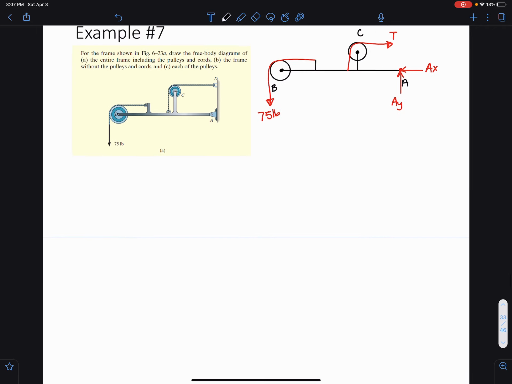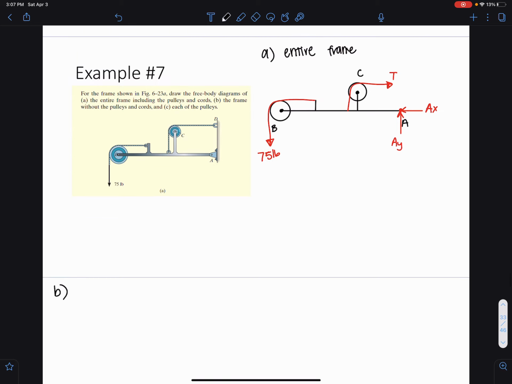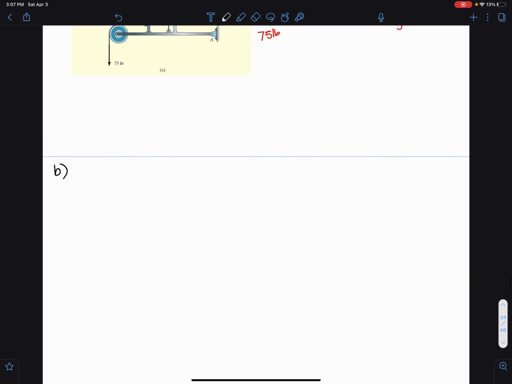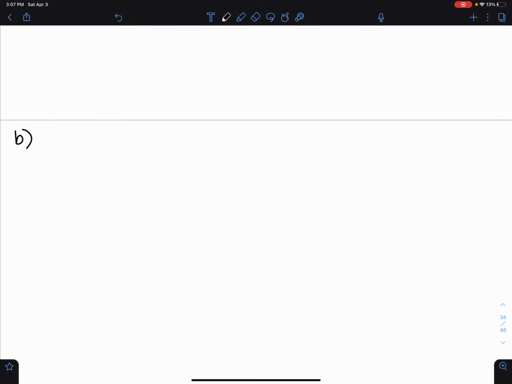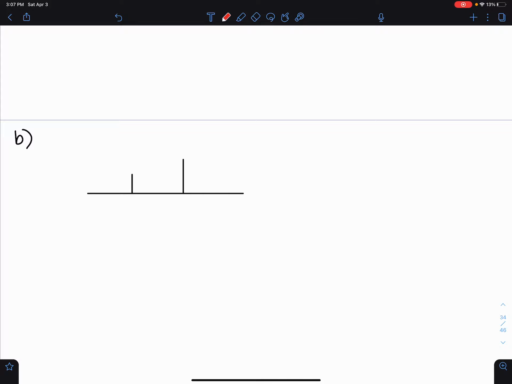Let's move along and do part B, the frame without the pulleys and cords. If we don't have the pulleys and cords, we would have the frame like this, with this transverse member here and another transverse member here. I'm not going to draw the pulleys anymore because we're removing them. We're exposing what's behind the pulleys.